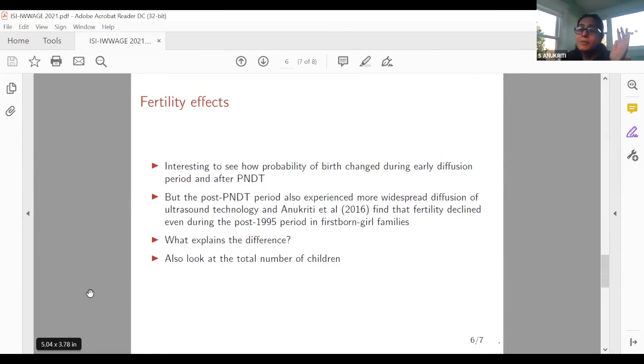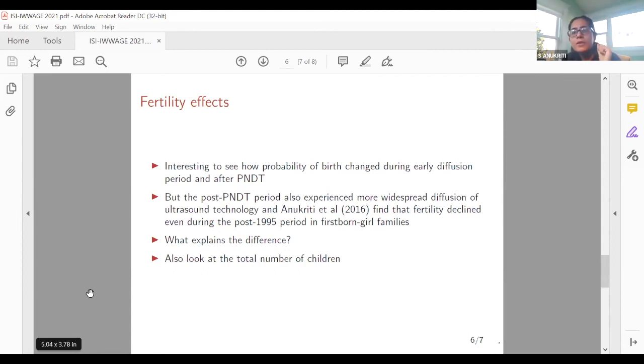When we started the paper way back in 2014, there was no NFHS 4, so we were only using NFHS 3. But 95 is very close to 96, which is what you are using. And we actually find that fertility, in fact, decreased in firstborn girl families relative to firstborn boy families after 96, whereas in your case, you're finding the opposite. So I'm a bit confused about why the results are different.